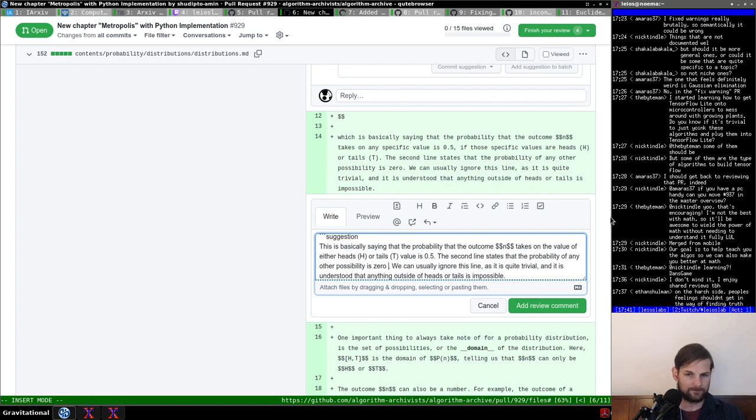Essentially we are ignoring the case where the coin lands on its, what's it called? On its edge? We can usually ignore this line as it's quite trivial. It is understood that anything outside of heads or tails is, okay, it's not totally impossible.